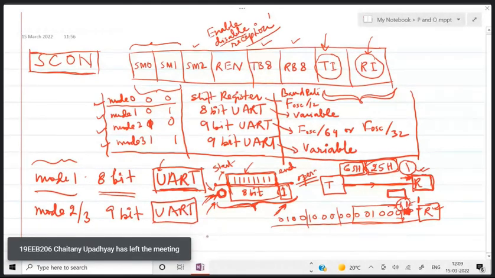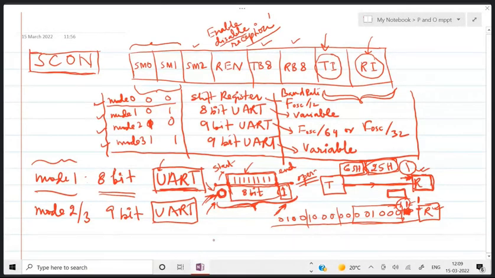So why 9 bit? Apart from this 8 bit and 0 and 1, there is another programmable bit. So this is your 0 bit, and then we have 8 bits of data, and then there is a programmable bit, and then this is 1.